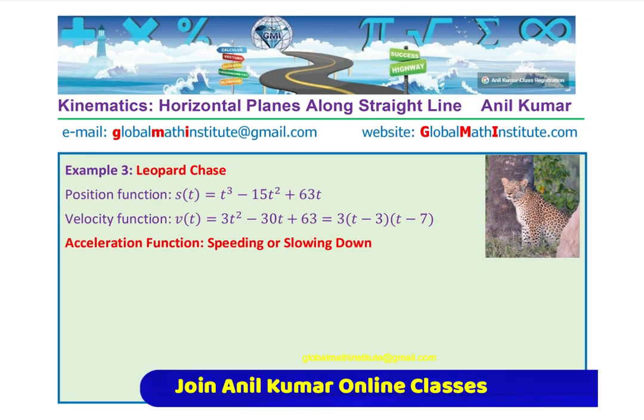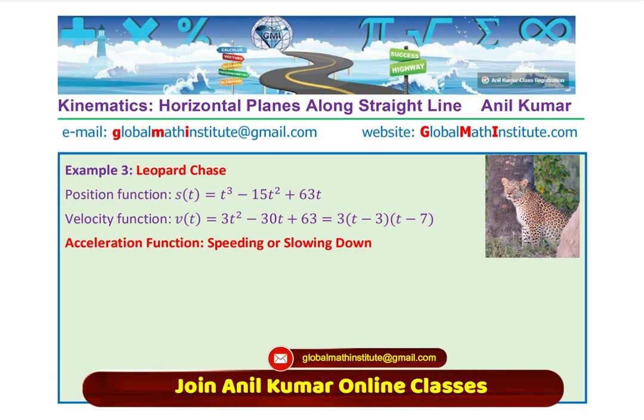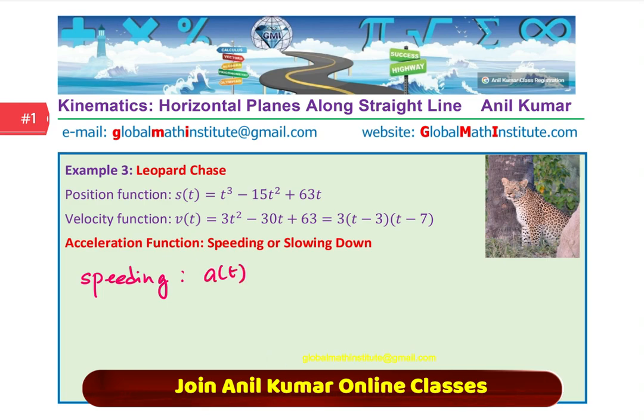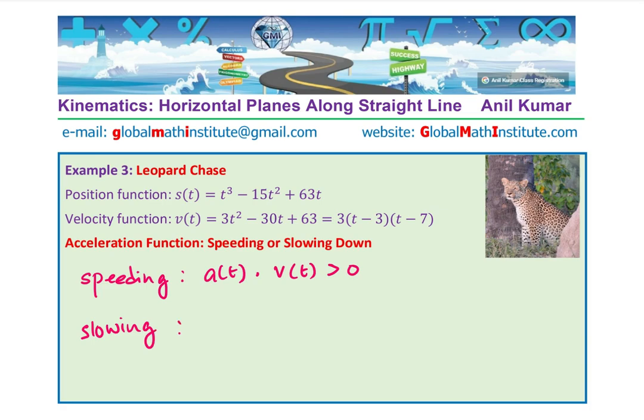So I'd like you to summarize this speeding and slowing down learning here. We just learned that speeding takes place when the product of acceleration and velocity is greater than 0, and slowing takes place when the product of acceleration and velocity is less than 0.